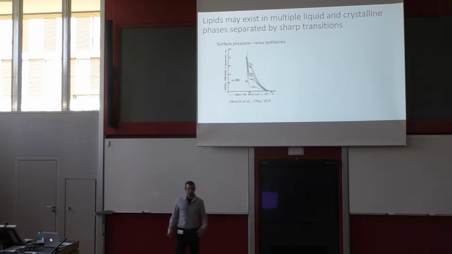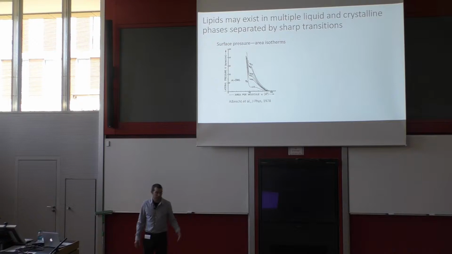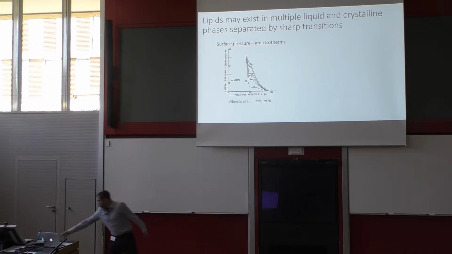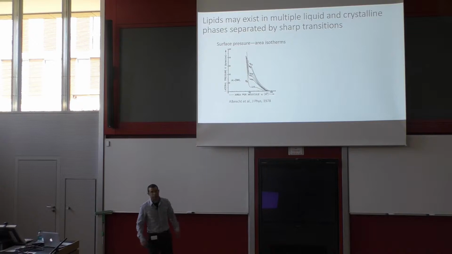This is an example of a static phase diagram measurement, or a projection of a small part of it, in a lipid monolayer. What you see is a slow measurement of the lateral pressure on the y-axis as a function of density, that's the x-axis going to the left, and temperature, which is represented by the different black lines.